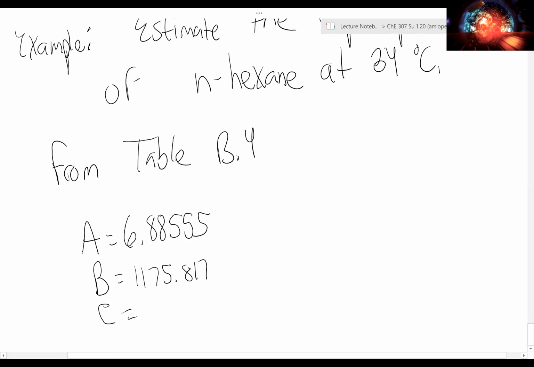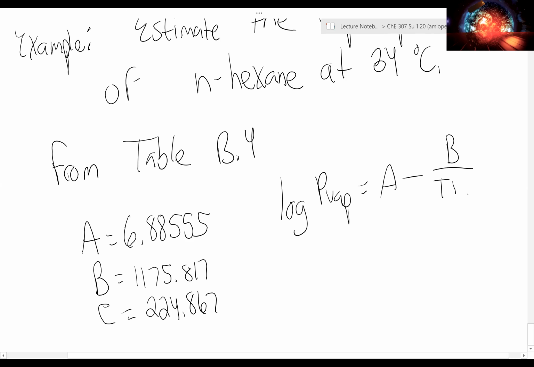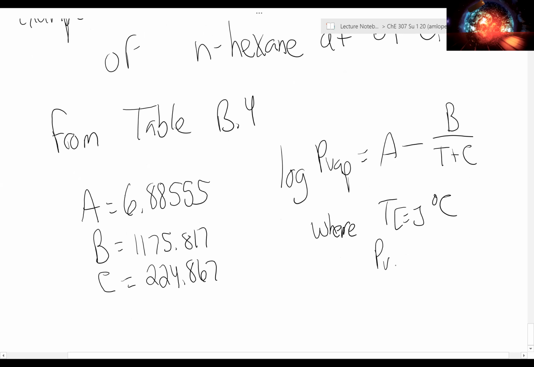And C is 224.867. And note, it's a log equation that gives P vap following this form, where T is in degrees C, and the P vap it gives is in millimeters of mercury.